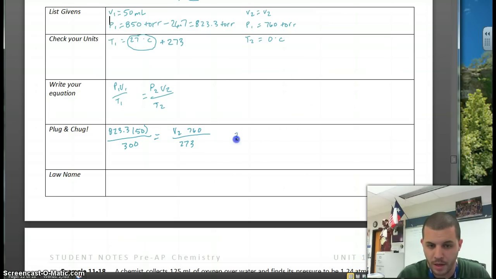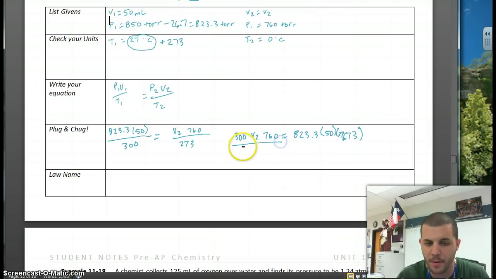Now we'll cross multiply. So I'm going to do 300 times V2 times 760 equals 823.3 times 50 times 273. In order to get V2 by itself, I'm going to divide both sides by 300 times 760. Cancel, cancel.